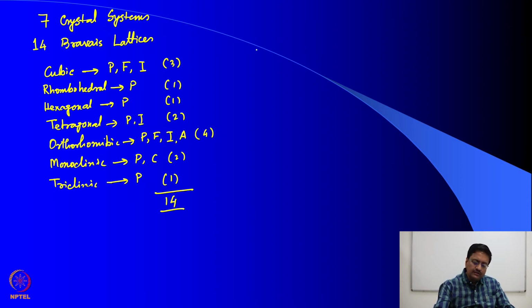You may be wondering what these lattices mean. I am quickly trying to draw a cubic lattice and explain the possible variations. So, if this is a cubic lattice, you have atoms associated at 8 corners, which is called a primitive lattice.